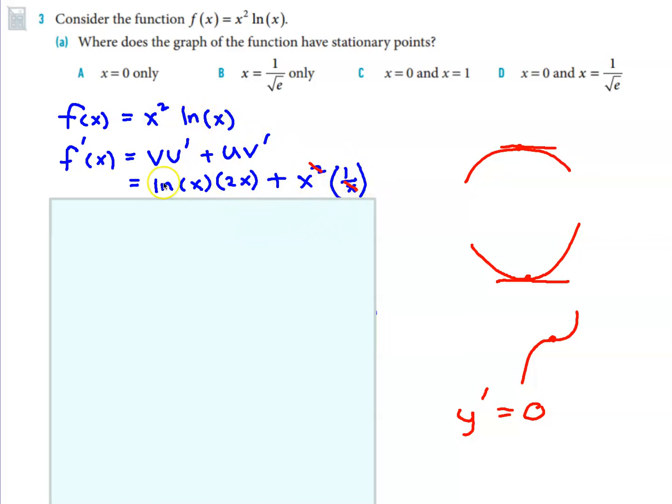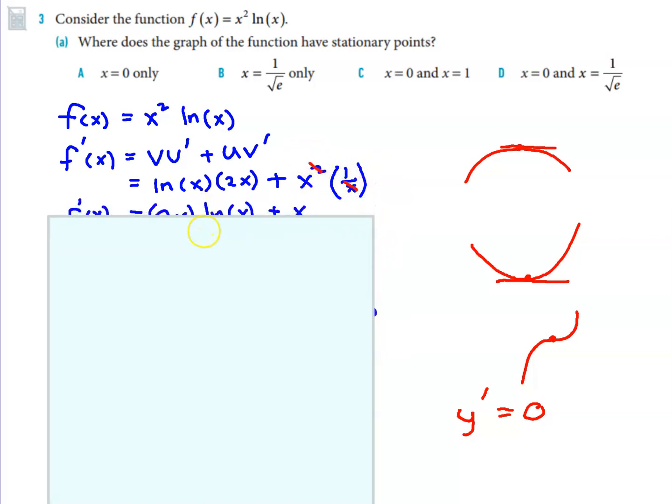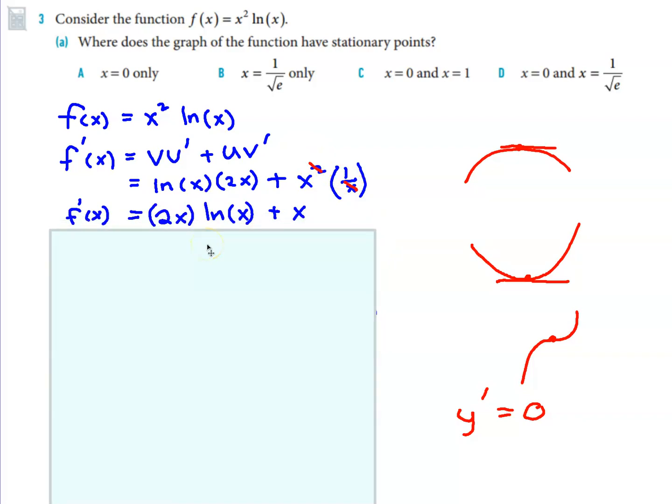So that leaves us with that expression in blue. And of course, I've got two x's on top, one x on the bottom. I can cancel one factor of x, and that leaves me with just that. So step one, when you're asked to find a stationary point, what you have to do is find the derivative.